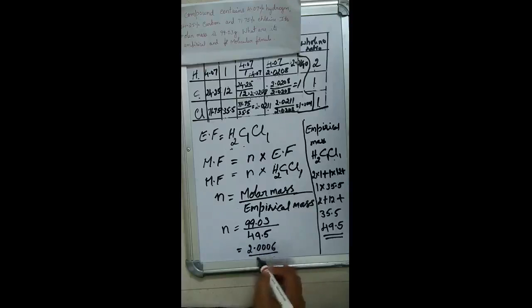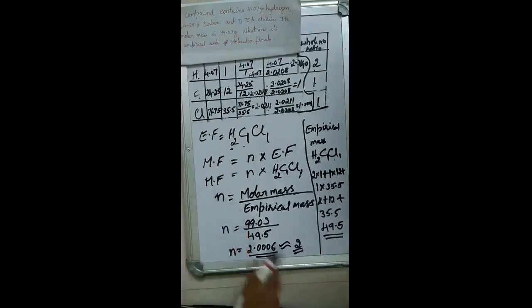This is the N value. Since it is in decimal point, we have to convert it into a whole number, so this is considered as 2. Now N is equal to 2, and easily we can calculate the molecular formula.